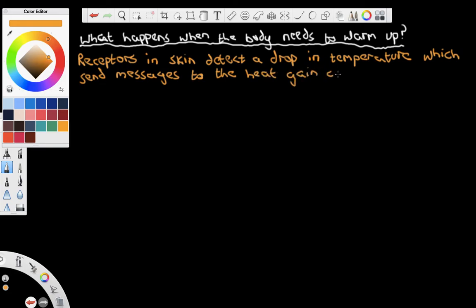Okay. The heat gain center will then send messages through neurons to effectors. So we can say that this then sends messages to effectors through neurons.